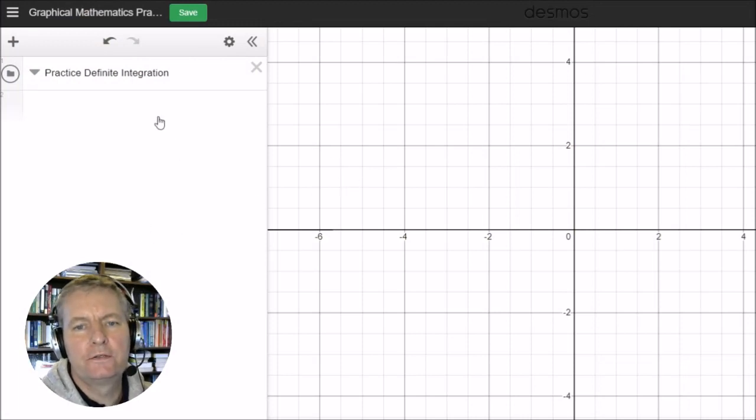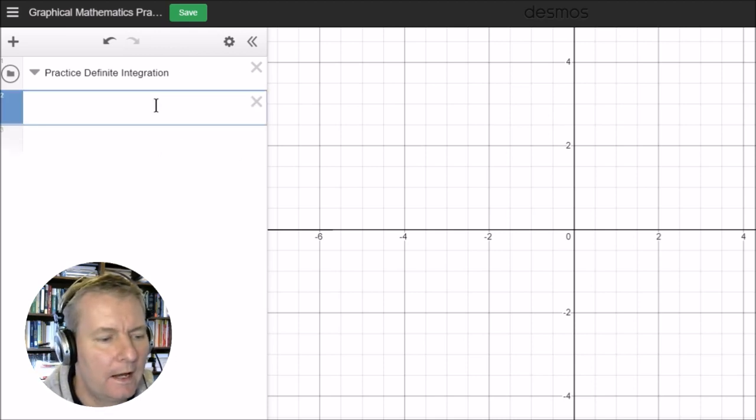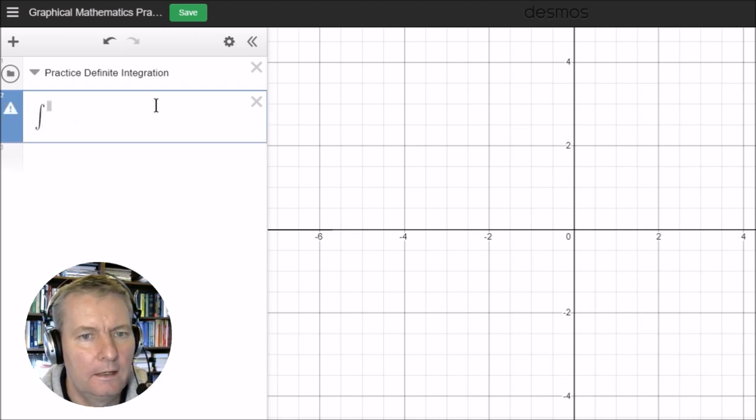So we can check these definite integrations really easy in the graphical calculator. So you just click on the graphical calculator here, and you can put in INT, and it'll come up with the integration, and then you can put in your limits.